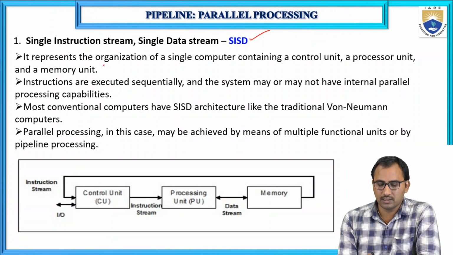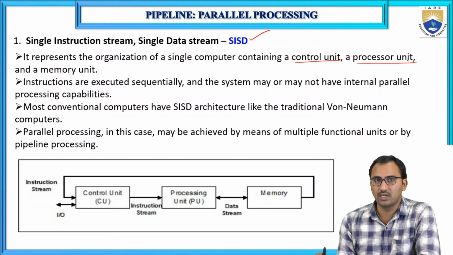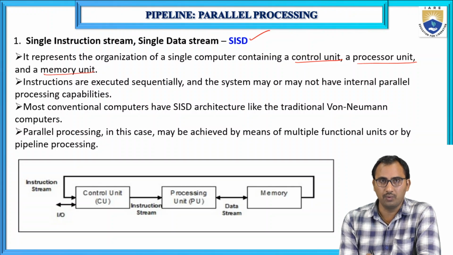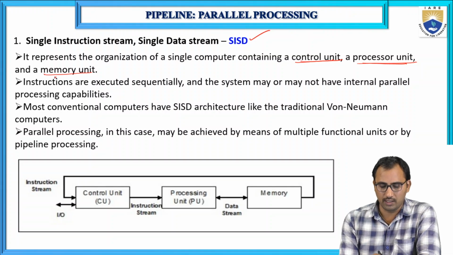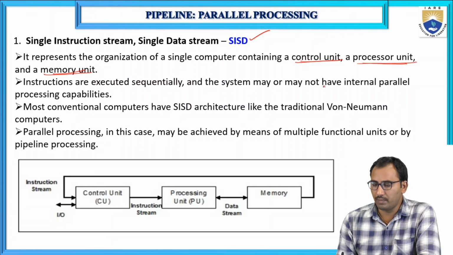It represents the organization of a single computer containing the control unit, processor unit, and the memory unit: one control unit, one processor unit, and one memory unit. Instructions are executed sequentially, and the system may or may not have internal parallel processing capabilities.